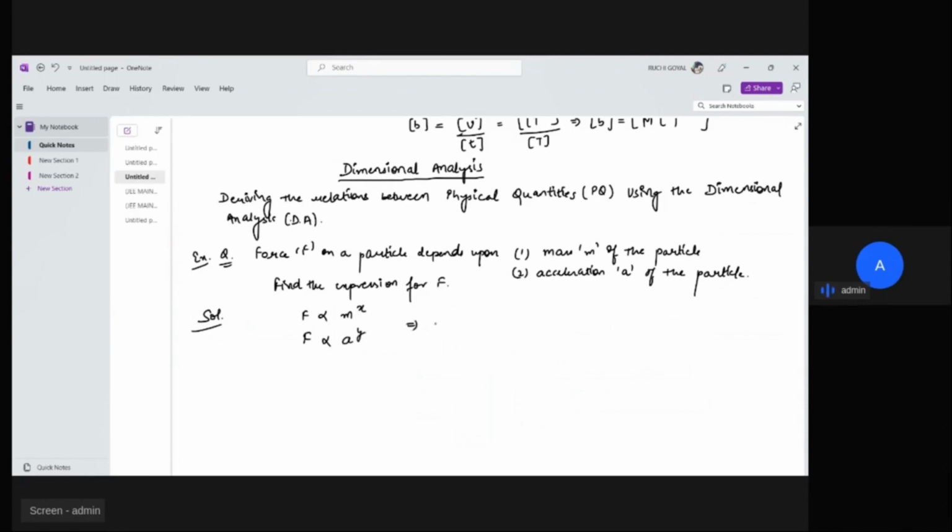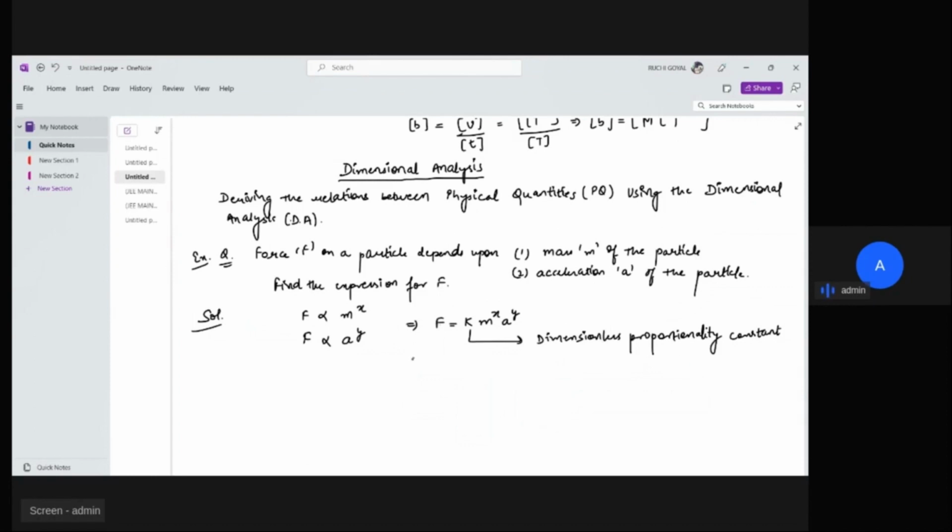Combining these two, the proportionality sign is removed and a constant comes: F = k m^x a^y. Here k is a dimensionless proportionality constant, because we have removed the proportionality sign.